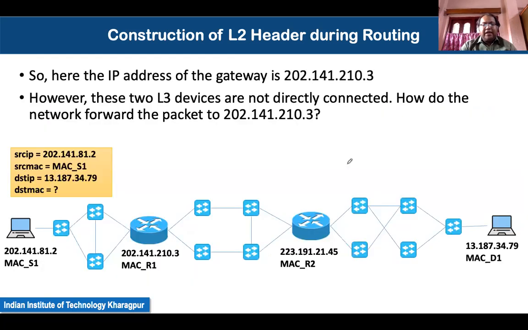So that way you get the IP address of the gateway, which is 202.141.210.3. However, as I have mentioned, these two L3 devices are not directly connected. So the question is, how does the network forward the packet to 202.141.210.3?